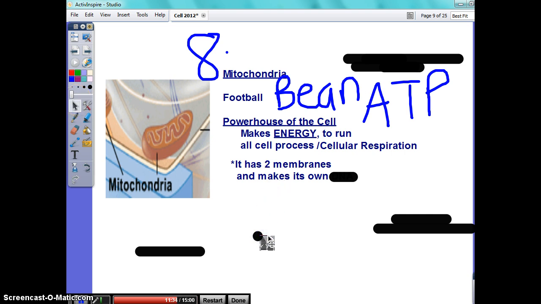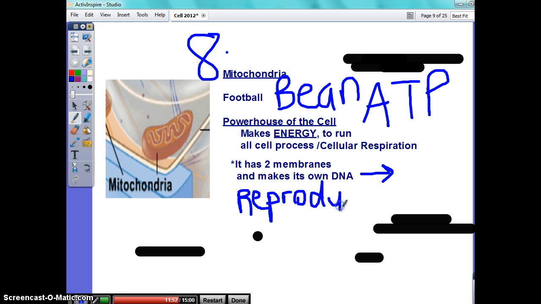And it also makes its own DNA. So on that note, what do you think the mitochondria could do because it has its own DNA? Good. It reproduces, which is great for the cell because then there's going to be more mitochondria, means more what? Energy, which means more cell function, which means more cell division and more energy and more.